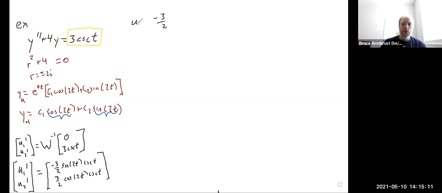So we've got u1 prime equals sine of 2t is 2 sine t cosine t. So the 2's cancel, and also the sine and the cosecant cancel. So you're left with, this is just minus 3 cosine of t.